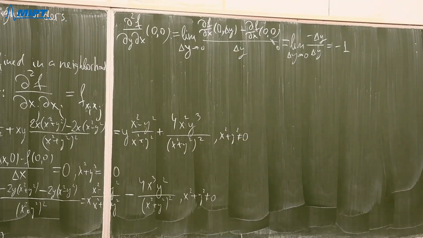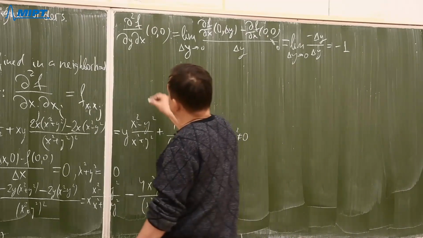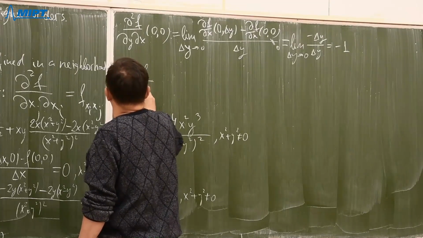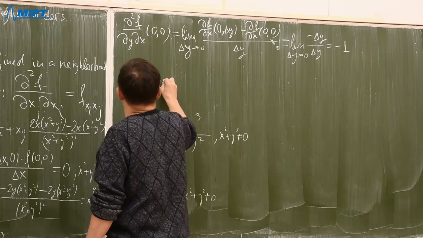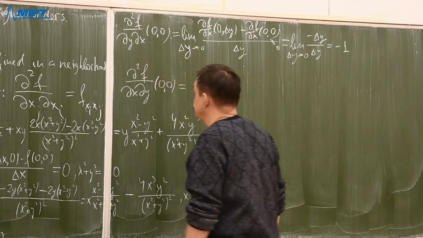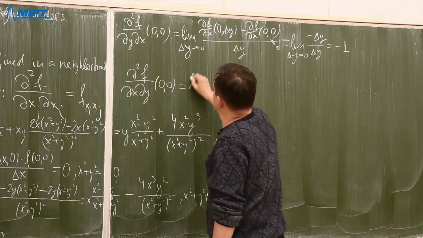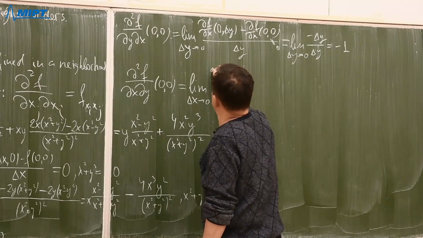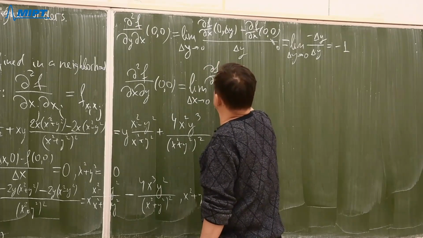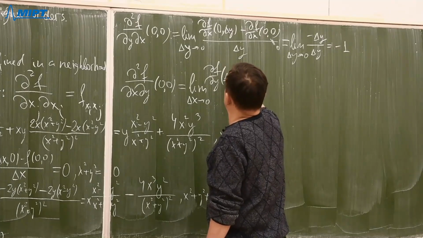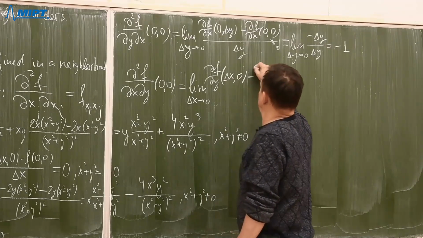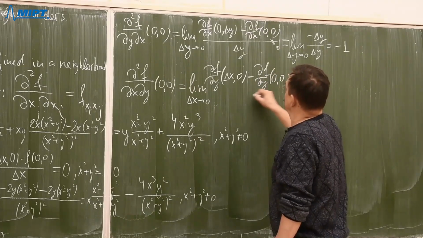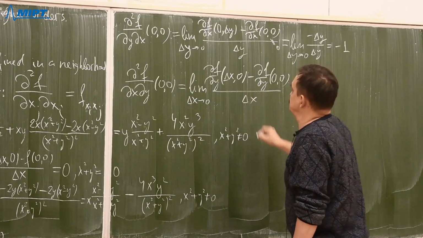Analogously, d2f over dx dy at 0, 0 is equal to the limit as delta x tends to 0 of the partial derivative of f with respect to y at (delta x, 0) minus the partial derivative of f with respect to y at (0, 0), over delta x.